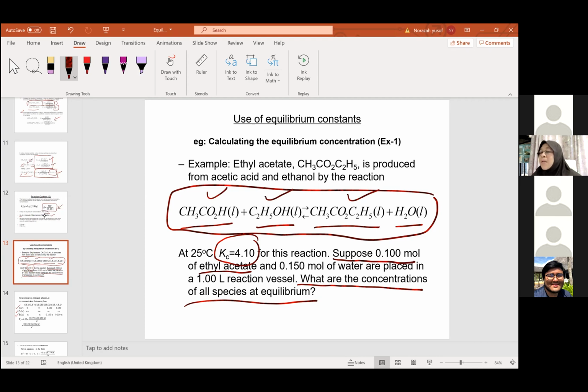So now we know that this is a reversible reaction. So now ethyl acetate becomes the reactant. Same goes to the water. So acetic acid and ethanol become the product.